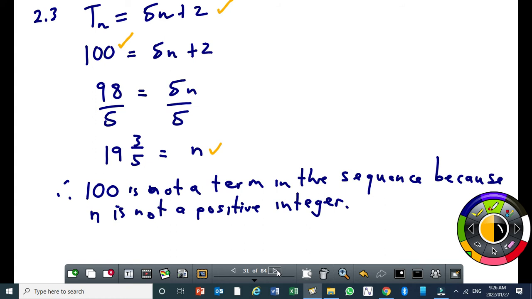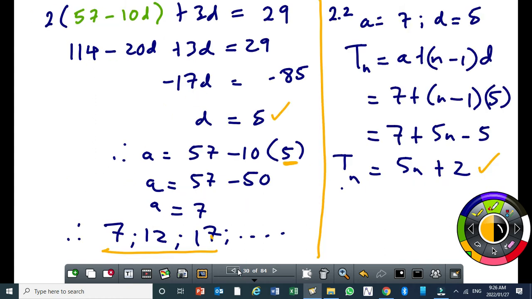Especially after getting the three terms of the sequence, it becomes more like a grade 10 question. If I take this to a grade 11 class and ask them to find the general term, they should be able to do it. So you have more than one way of getting the general term.